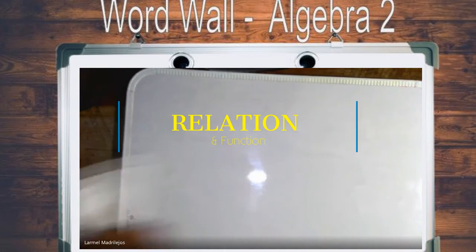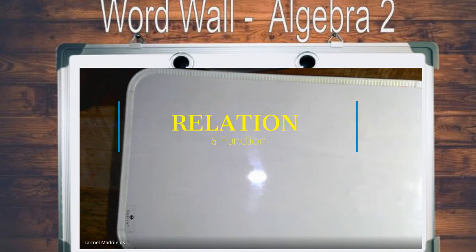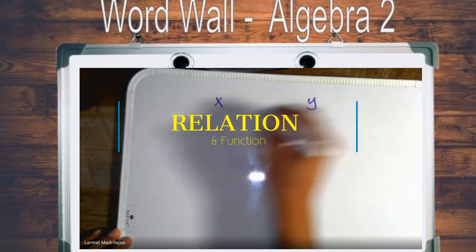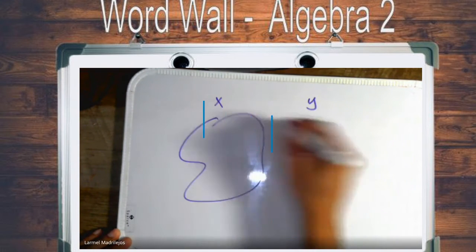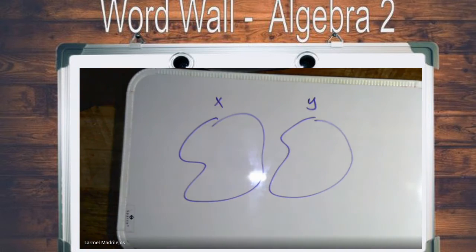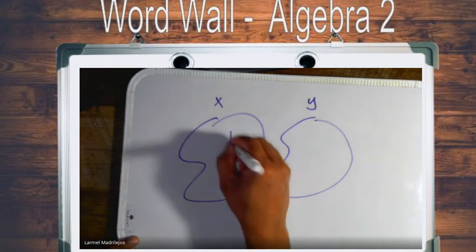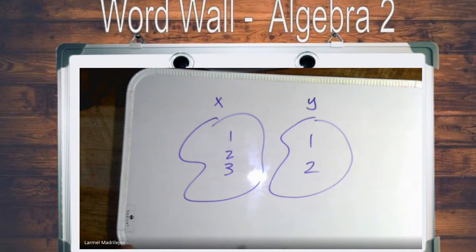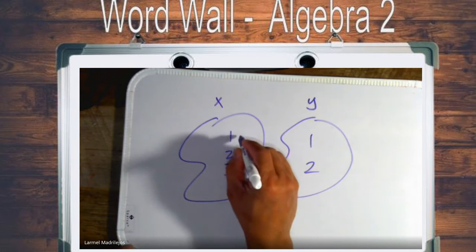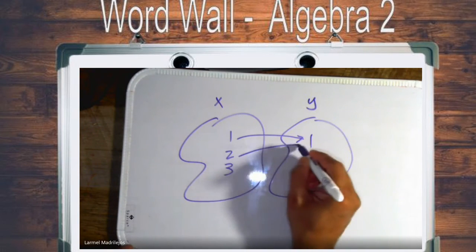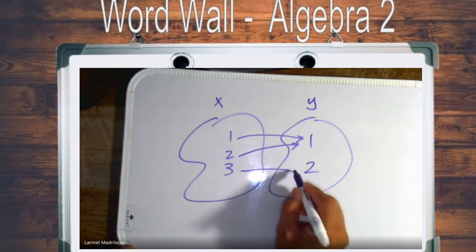Relation and function. Okay. The first is relation and function. Let's start with the mapping here. Let's say this is 1, 2, 3 and 1 and 2. So 1 is associated to 1, 2 is associated to 1, and 3 is associated to 2.